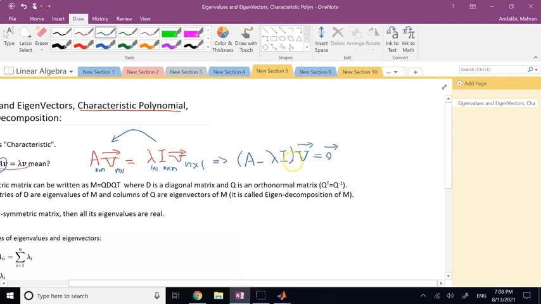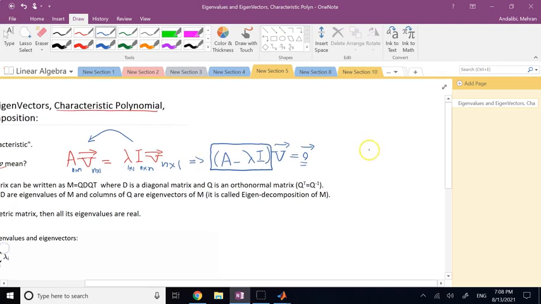If I know my lambda and consider this a set of linear equations in terms of the components of v, this is a linear set of equations and is homogeneous, and we know a homogeneous set of equations only has a nonzero solution when the determinant of this coefficient matrix is 0, correct?